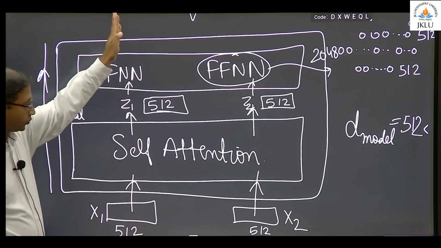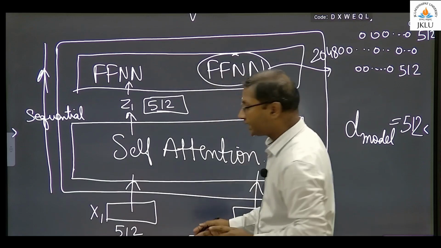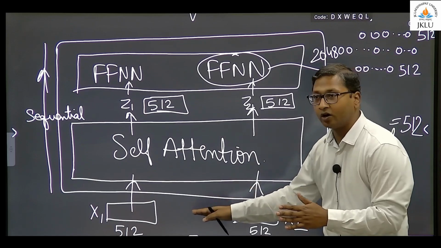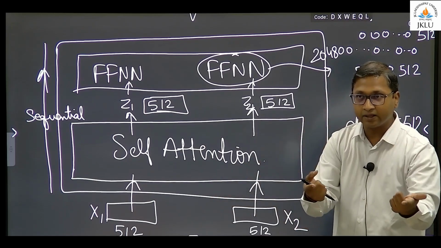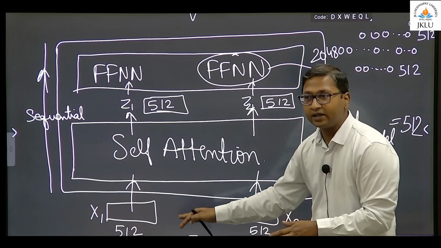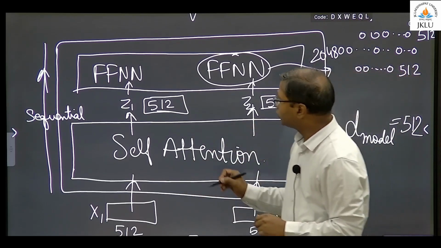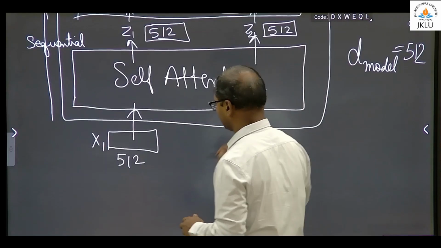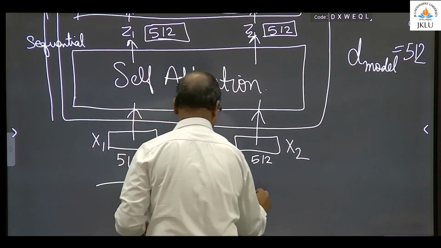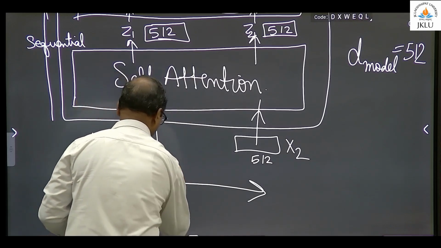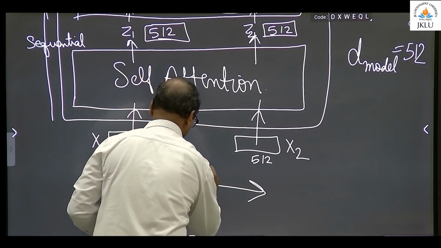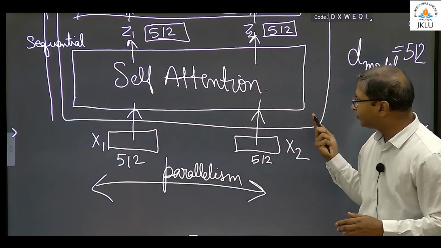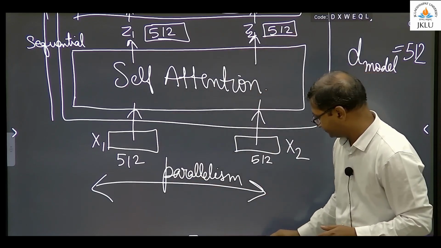But what is parallel here is that every xi is processed independent of any other xj, so you have some kind of parallelism. You have these 512 parallel lines going up.